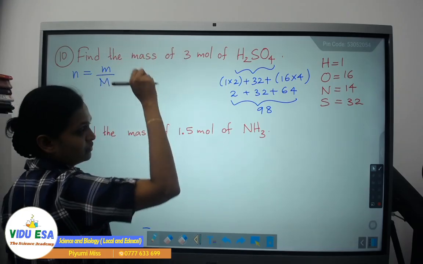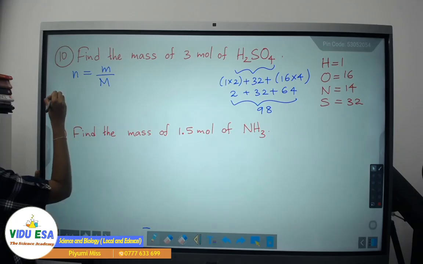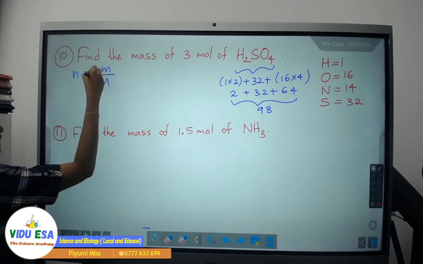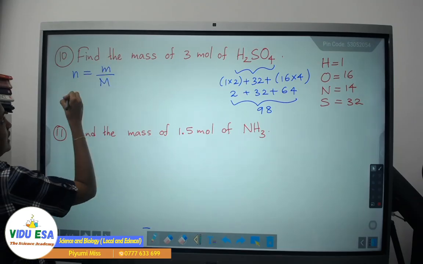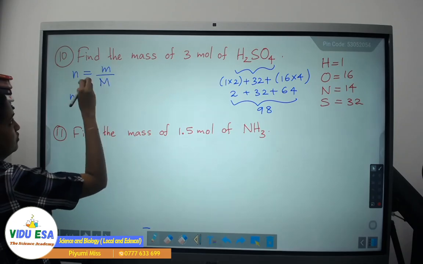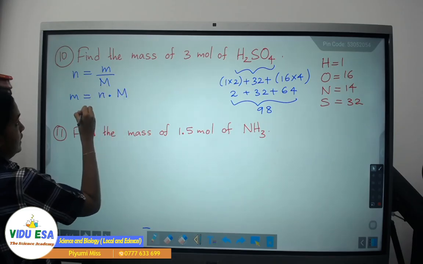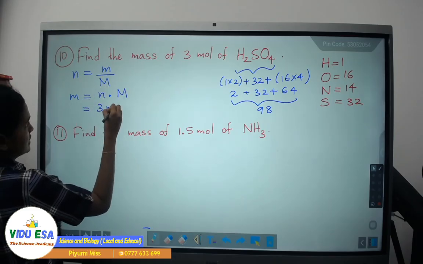Then we are going to substitute in the equation n equals m over M. Here the number of moles is given, that is 3 moles. We are asked to find the mass. Now I can rewrite the equation: mass equals number of moles into the molar mass. Number of moles 3 moles.